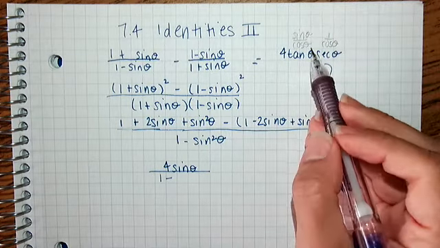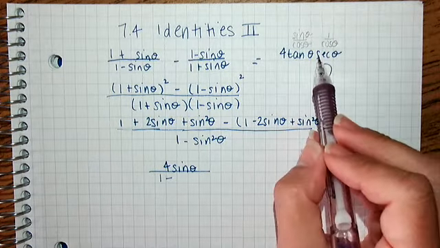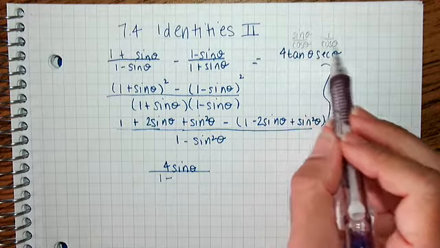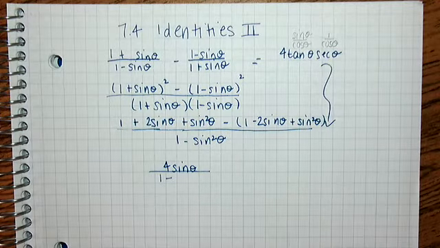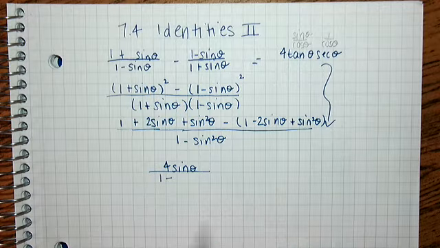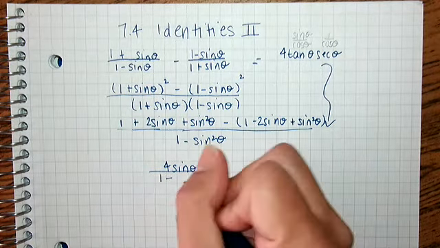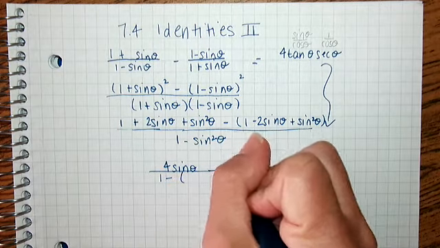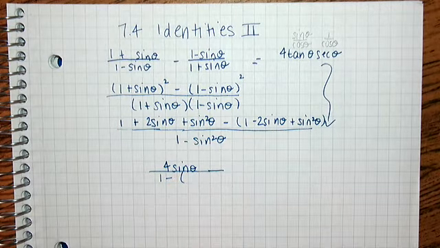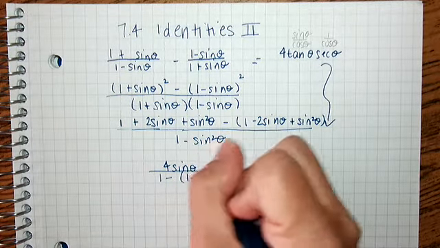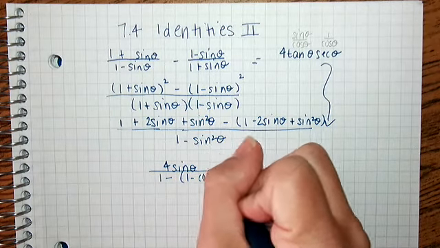So looking ahead, I'm going to want cosine times cosine in the denominator. And in this case, we have 1 minus sine squared, where sine squared is 1 minus cosine squared. I had to think about it there for a minute.